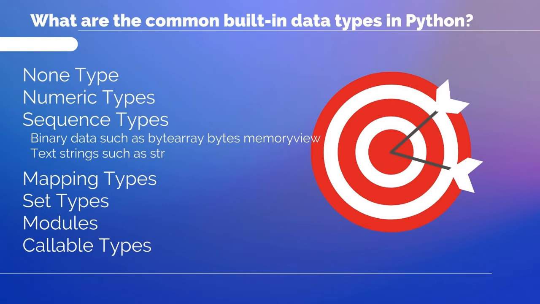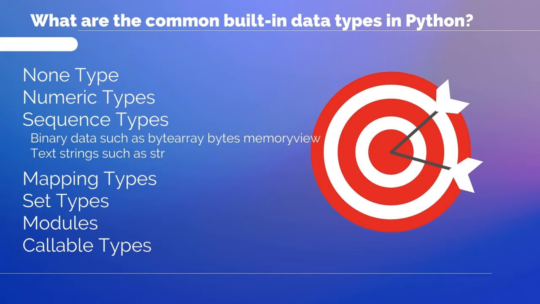What are the common built-in data types in Python? There are several built-in data types in Python. Although Python doesn't require data types to be defined explicitly during variable declarations, type errors are likely to occur if the knowledge of data types and their compatibility with each other are neglected.